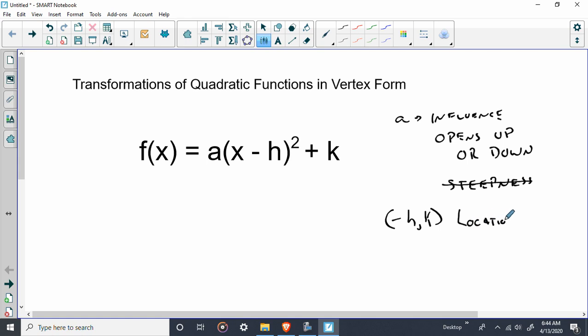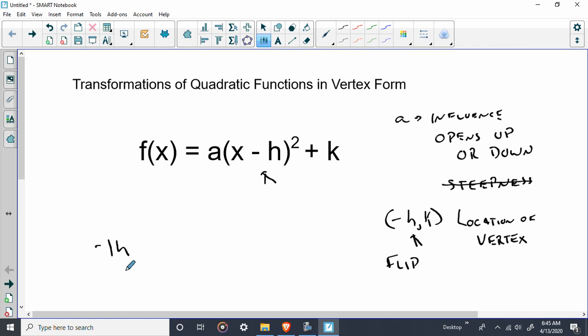The one thing you guys need to keep in mind is that H has a negative sign in front of it, right? H has a negative sign in front of it, which means you have to flip, okay? If it's positive, it's going to become negative. If it's negative, it's going to become positive. Again, what does that really mean? A negative H really means negative 1 times H, right?